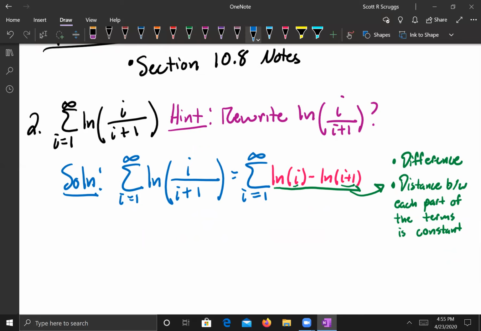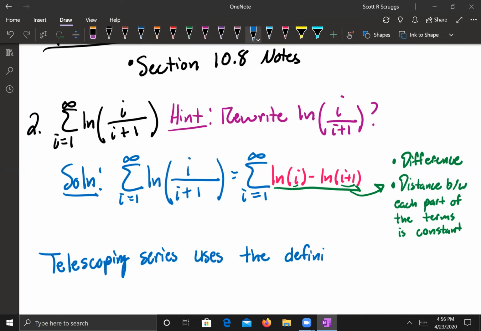Let me write that down. Telescoping series uses the definition of series.